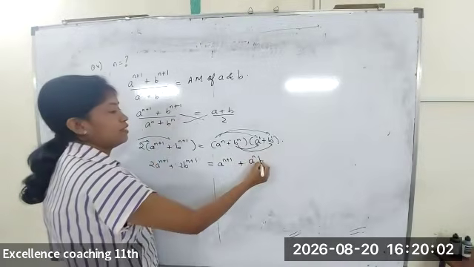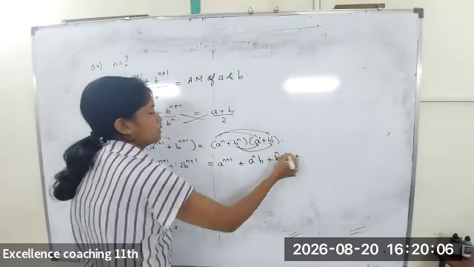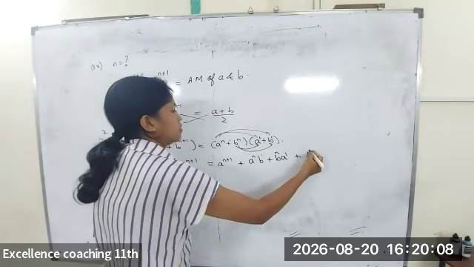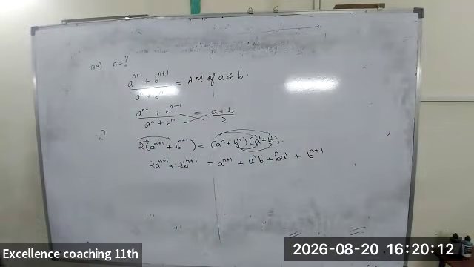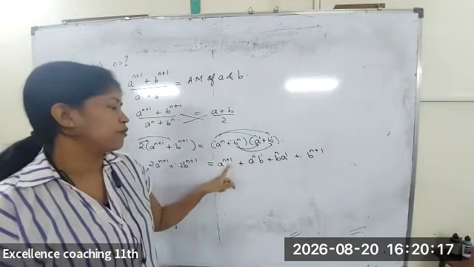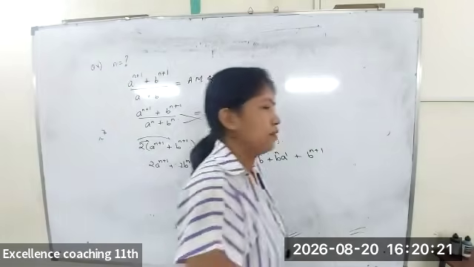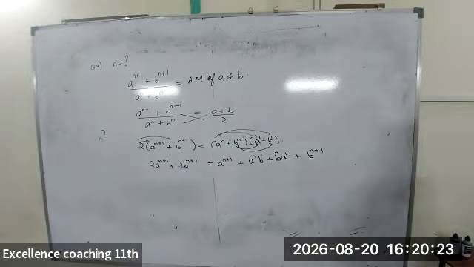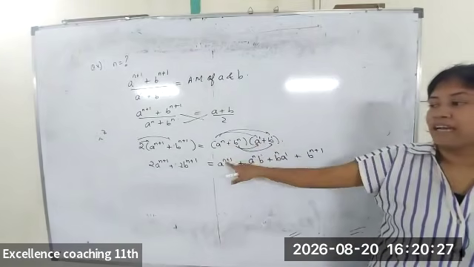You cannot do anything with these different letters, so that will remain the same. Or you can add one more step: first write a raised to n into a, and then write n plus 1. Either way. Have you well understood? Same base, then powers get added.